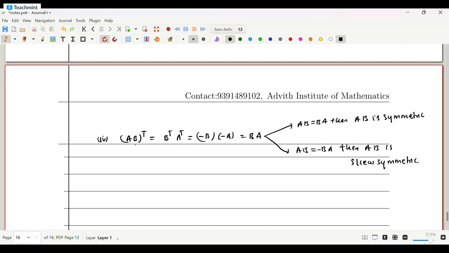So the product of two skew symmetric matrices may be skew symmetric or not. If it is anti-commutative, then it is skew symmetric. If it is commutative, then it is symmetric.